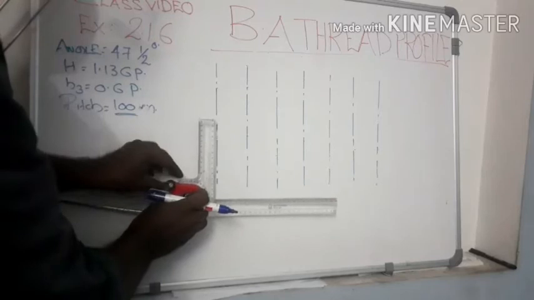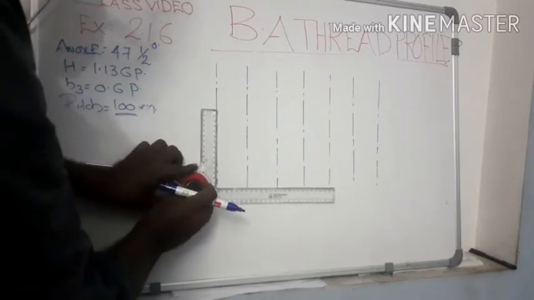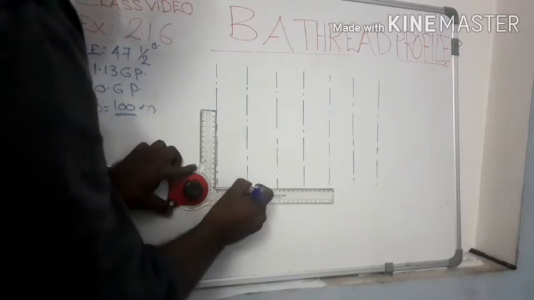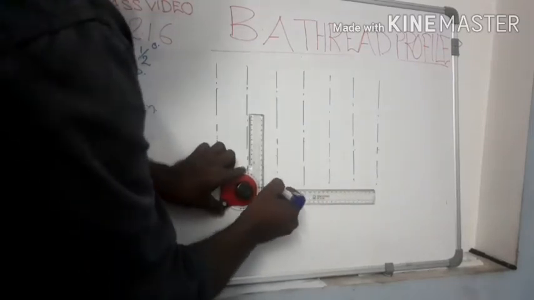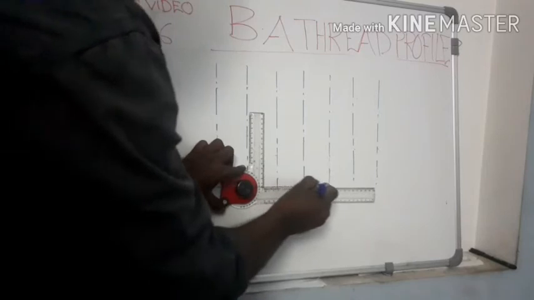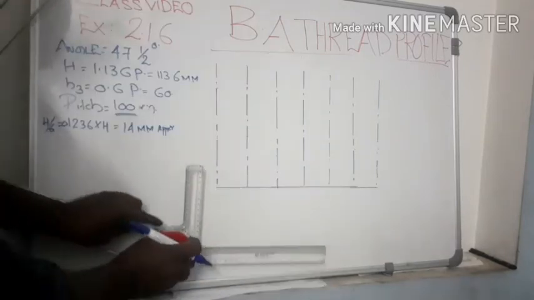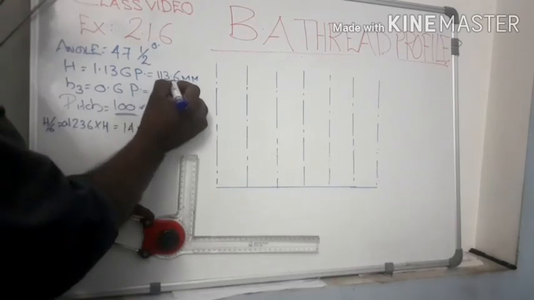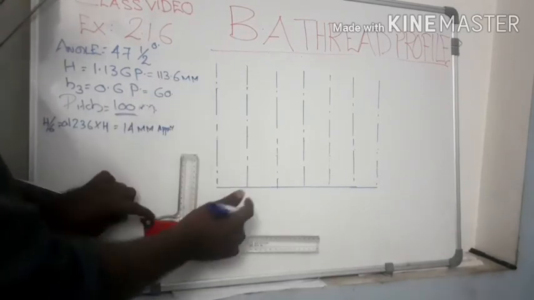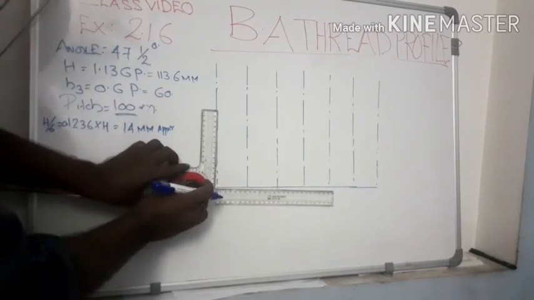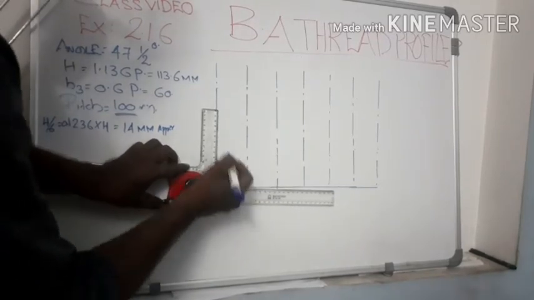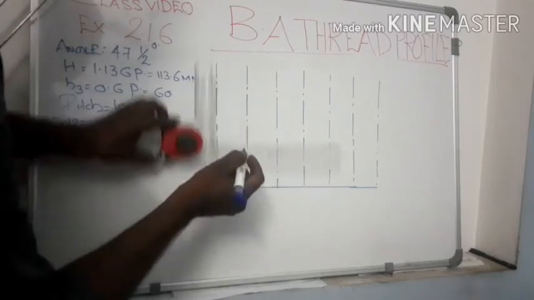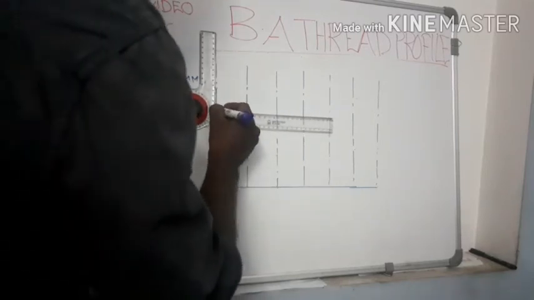Now what is next? Draw a horizontal line connecting the bottom of the vertical lines. Now draw another horizontal line keeping 113 mm from this horizontal line. Now draw another horizontal line keeping 113 millimeter.